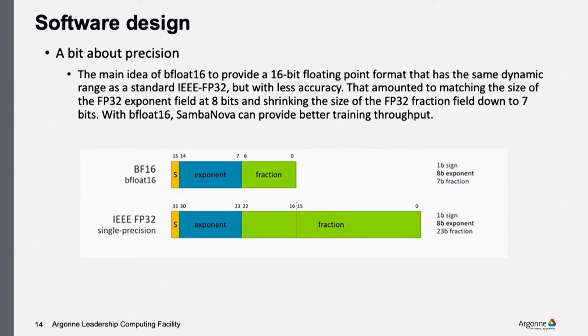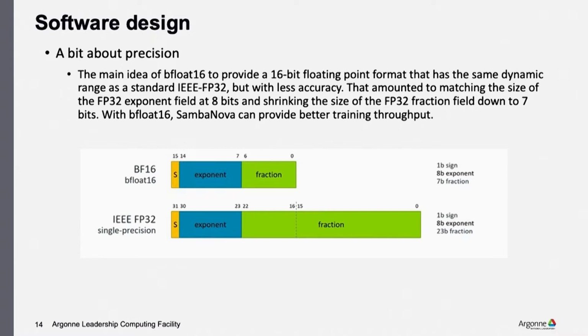This is used to speed up your DNN model training, and they also support single precision. This is the standard data format for DNN training. It also has a 1-bit sign, 8-bit exponent, and 23 bits of fraction. But the main idea of BF16 is to provide a shorter data format to speed up the performance.